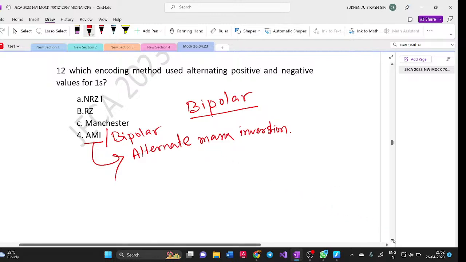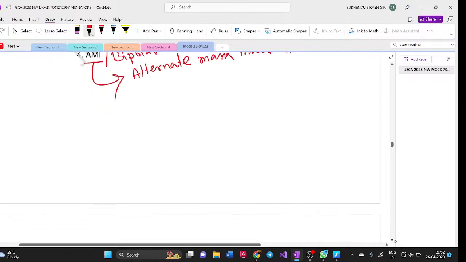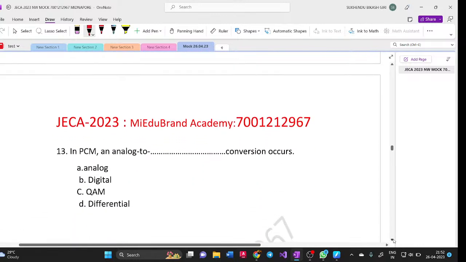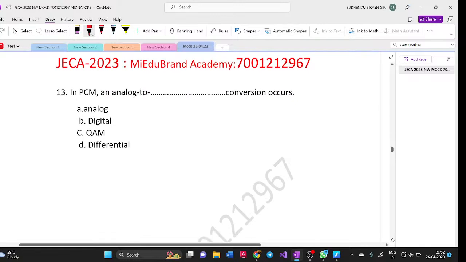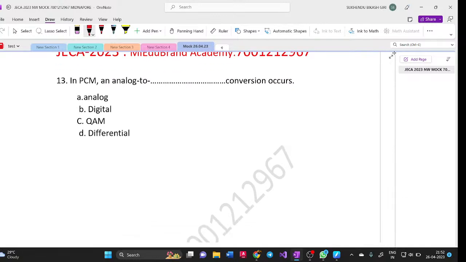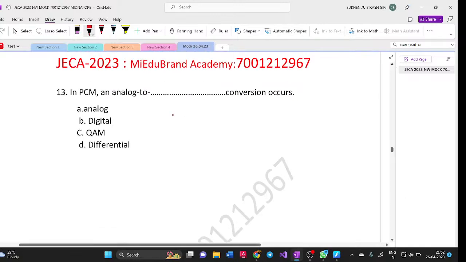Next, again a question from PCM, pulse code modulation. In PCM, an analog to dash conversion will occur. Very easy. Answer very fast in the comment section.